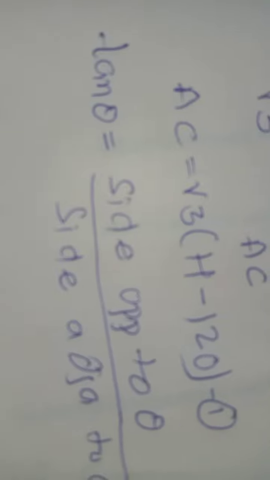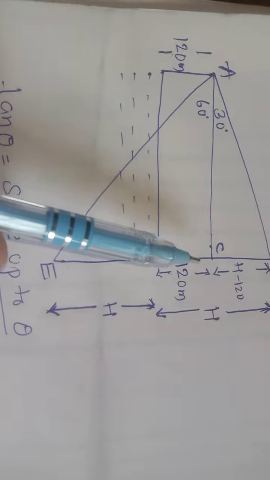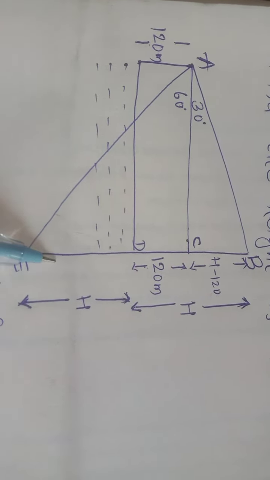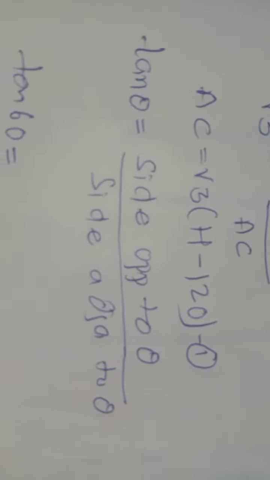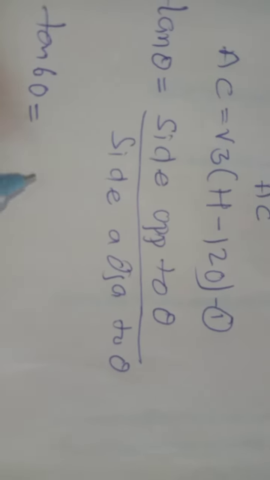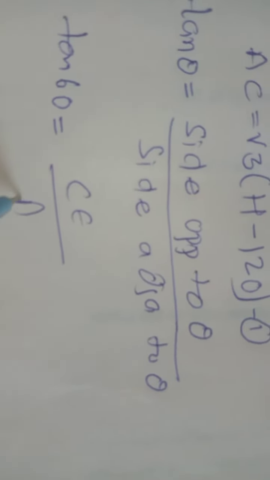Tan 60 degrees is equal to side opposite to theta. If it is 60 degrees, then this side CE will become opposite and AC will become adjacent. So side opposite to theta, CE, by side adjacent to theta, AC.